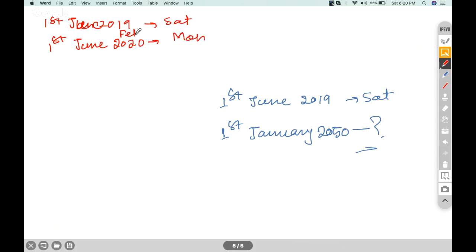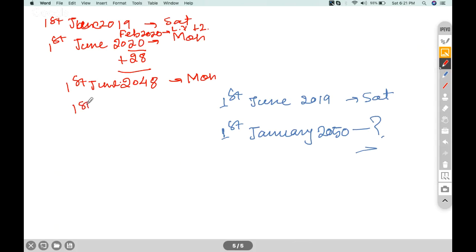Because Feb 2020 is coming in between, which is a leap year February. Hence +2. So 2020 plus 28, because 2020 is a leap year, 2048 would be Monday only. So 1st June 2048 is Monday. So 1st June 2049 would be Tuesday.